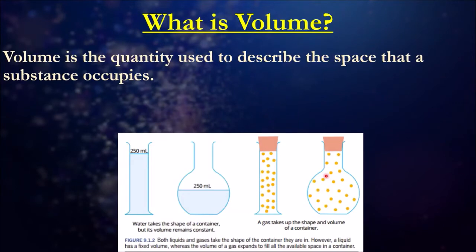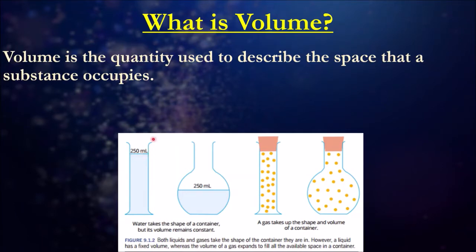So what is volume to start off with? When we refer to the volume of a substance, it means how much space is being occupied by this particular object. Now, if we have water, it can occupy a volume of 250 milliliters.